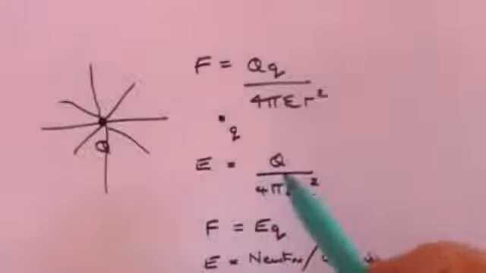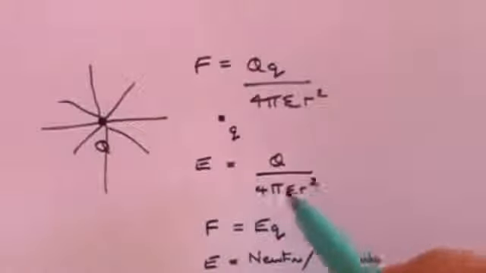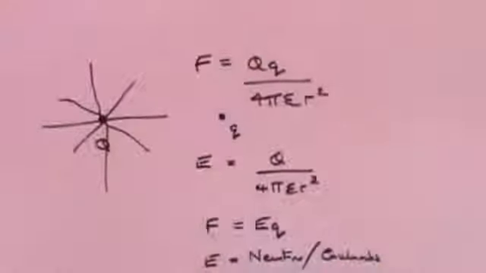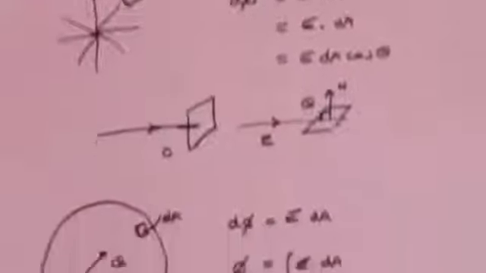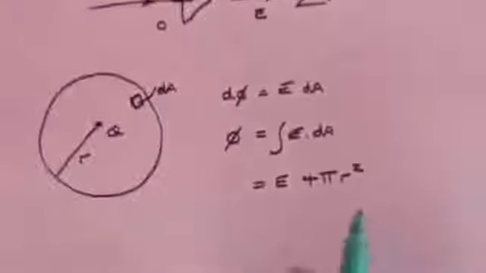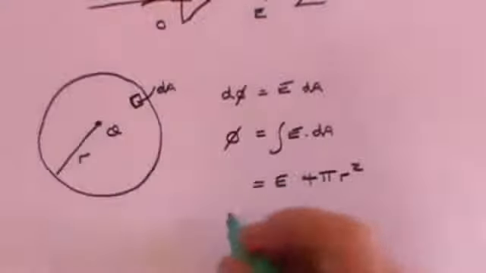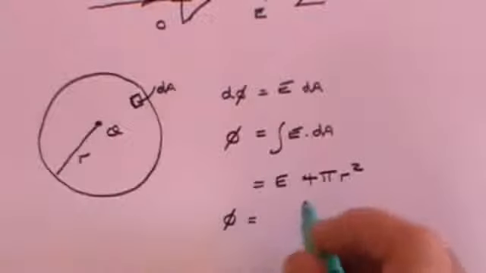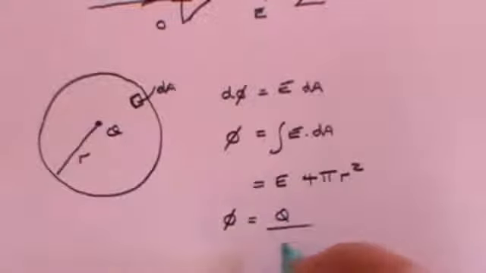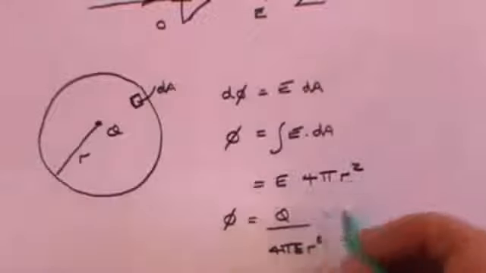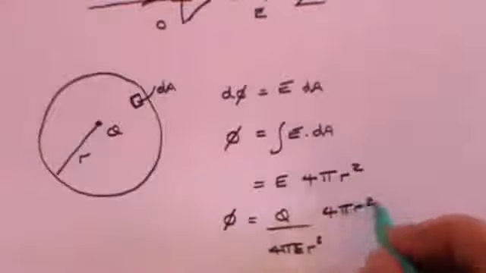But right at the beginning of this, we showed that E is equal to Q, the charge, divided by 4 pi epsilon r squared. And so if we substitute that for E in this equation here, we get that the total flux is equal to E, which is Q over 4 pi epsilon r squared, times this term here, 4 pi r squared.